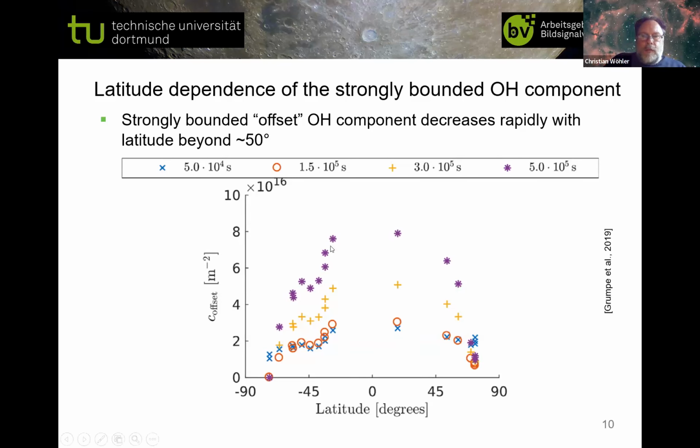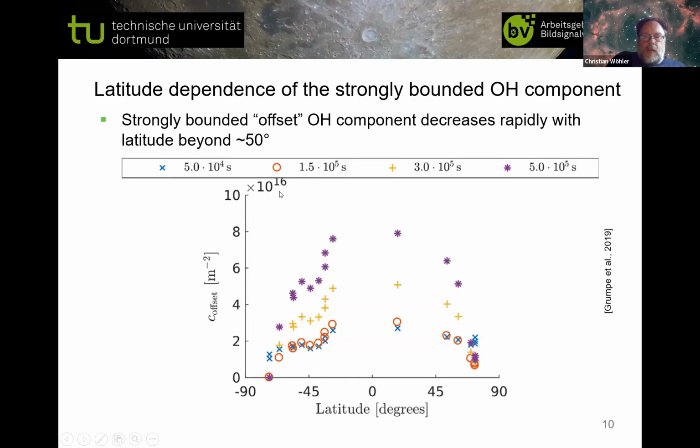So that can happen, and the flux of the solar wind is less at high latitudes, which might explain this decrease towards the high latitudes. That would be a possible explanation, at least.